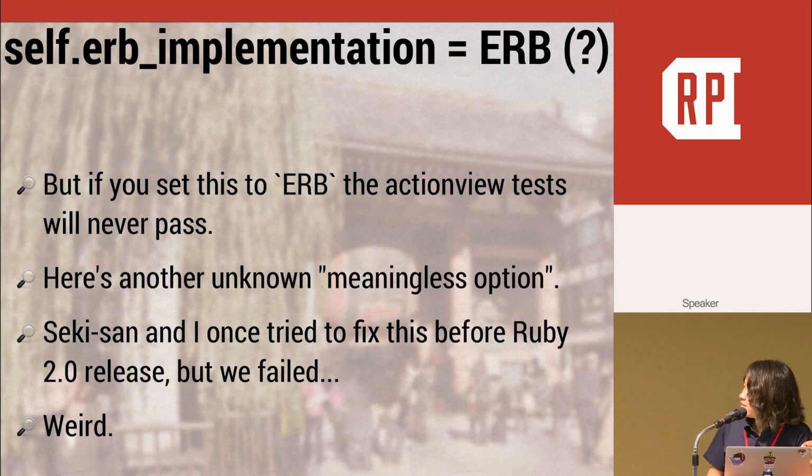So here, Rails uses Erubis instead of the default ERB. But to be honest, if you set this option to ERB, it doesn't work. ActionView tests will never pass. So here's another unknown, meaningless configuration. It doesn't actually work. It has to be Erubis, right?